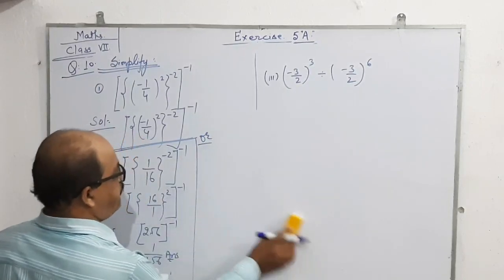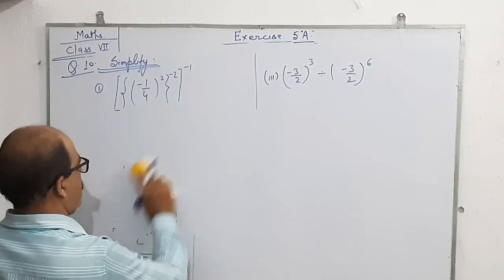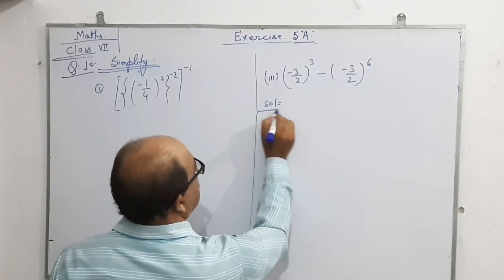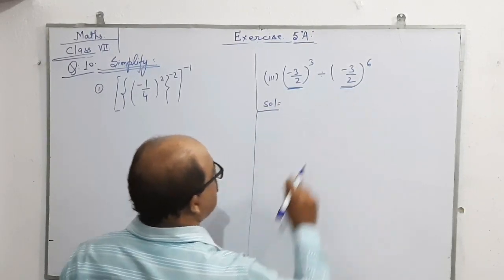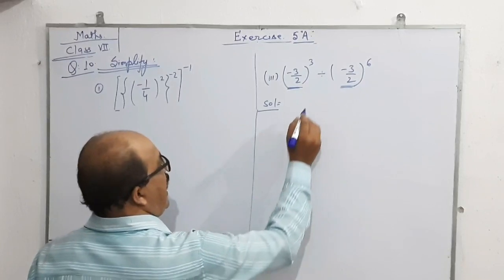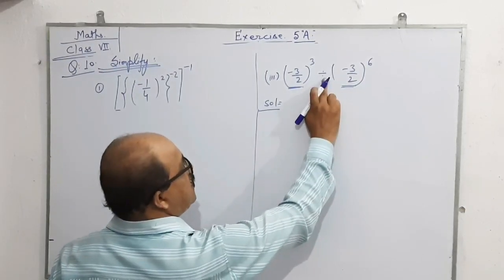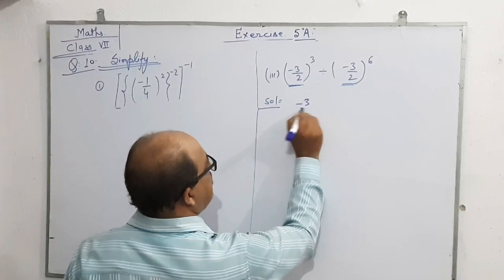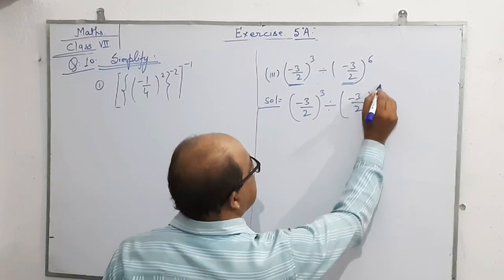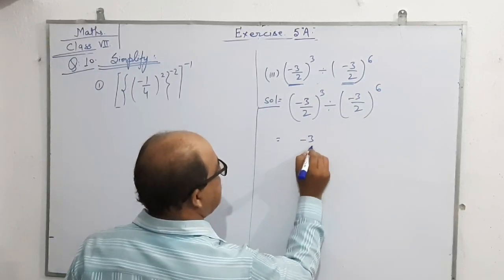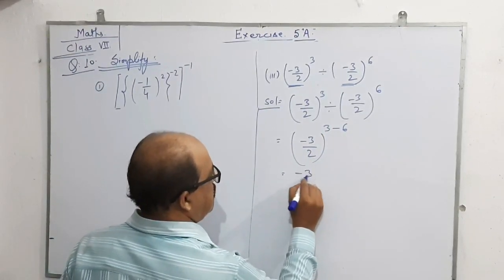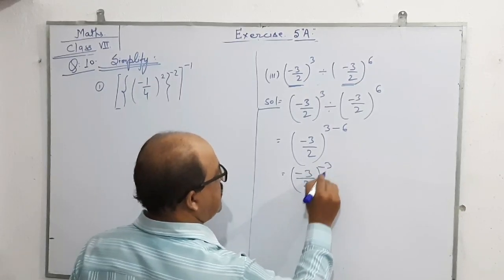Now the next one. We have seen in both places minus 3 by 2. So minus 3 by 2 is the base, and the work we will do as a division. So minus 3 by 2 to the power 3 divided by minus 3 by 2 to the power 6. Subtracting exponents, 3 minus 6, minus 3 by 2 to the power minus 3.